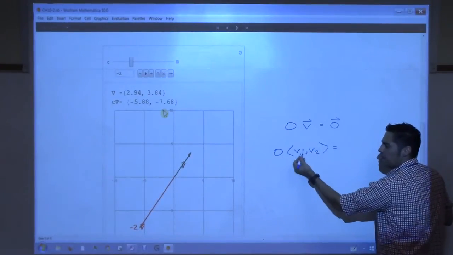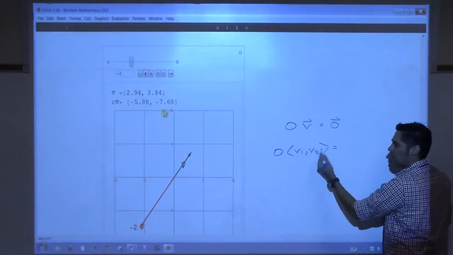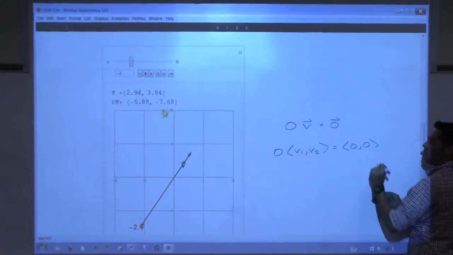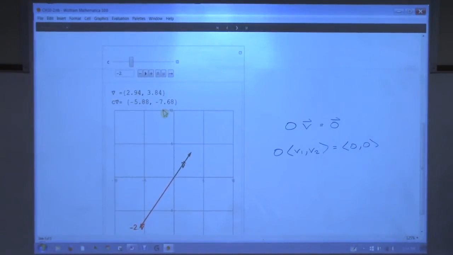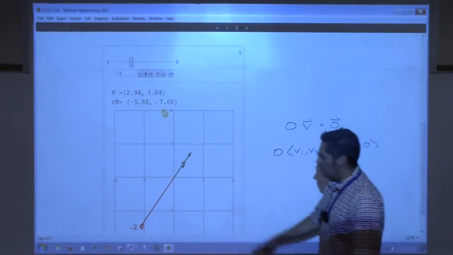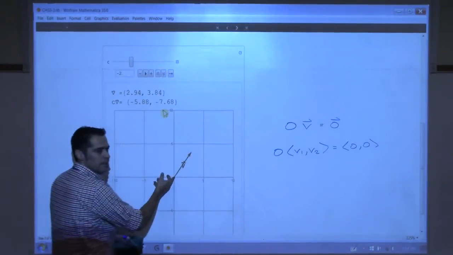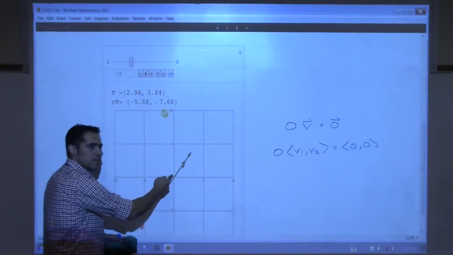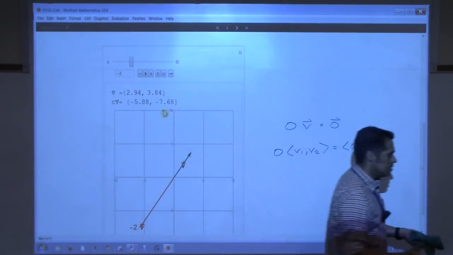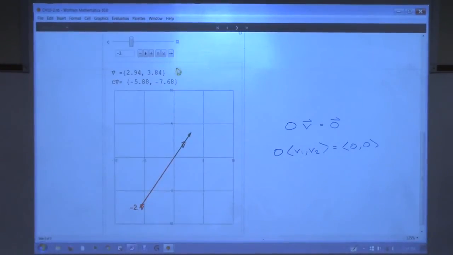Then the 0 kind of distributes through, doesn't it? And it creates this, which is the 0 vector, which would be a point at the origin, really. But it's the 0 vector. It's a vector that has no direction and no length. Any questions on that?